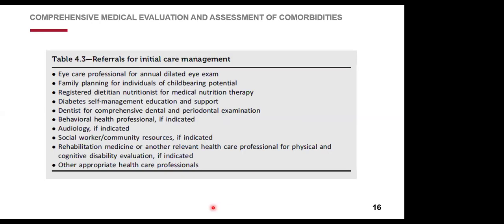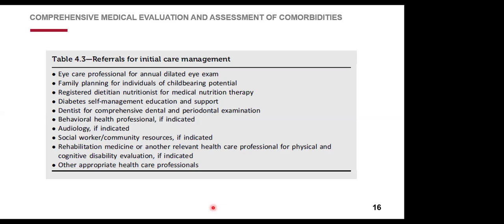So we also do referrals at this point. We need to refer them to ophthalmologists for eye exams. We also need to do counseling, especially on family planning. We can refer them to specialists, nutritionists as well.